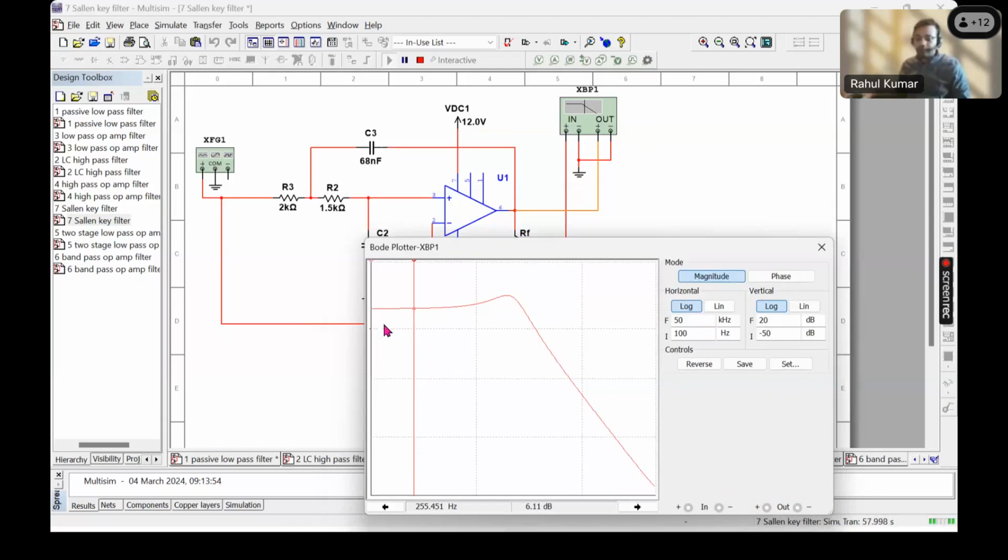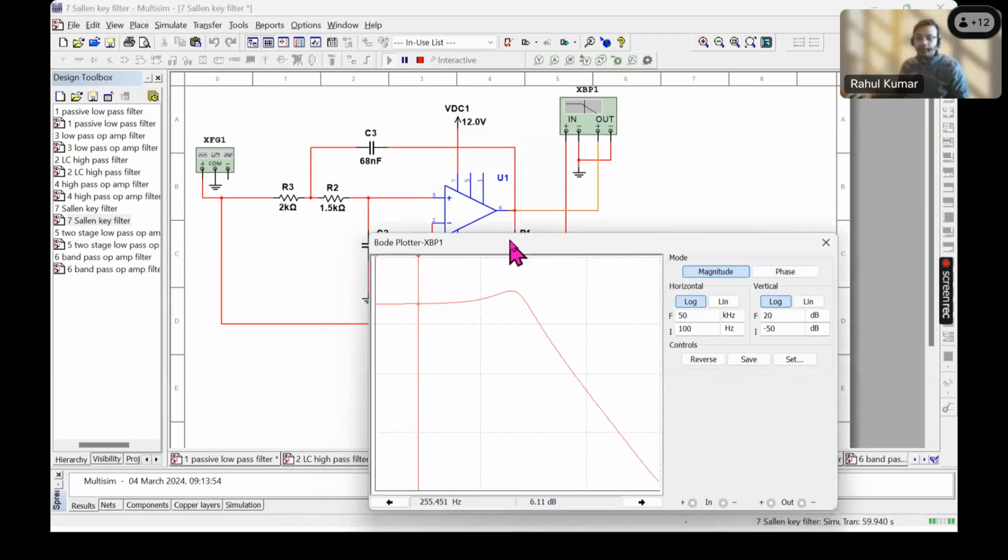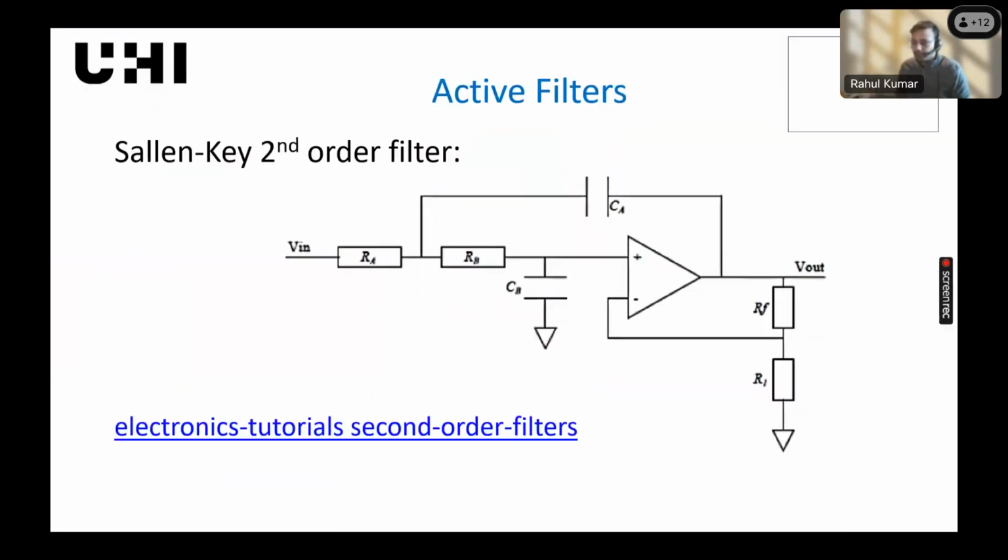If you want larger gain, then you will get a peak. Okay. Now coming back to the slide.